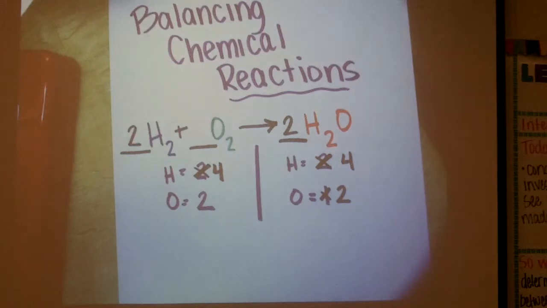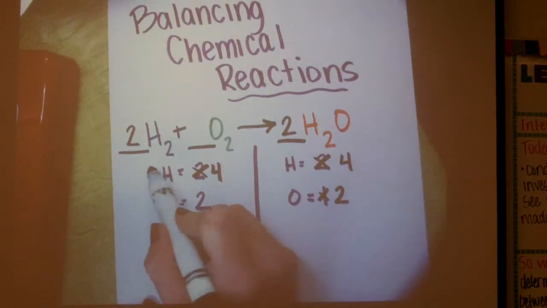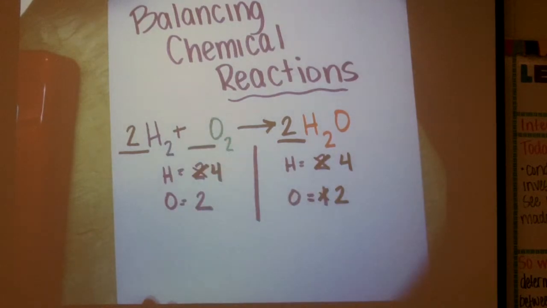So we need to check everything, make sure it's balanced. 4 hydrogen, 2 oxygen, 2 oxygen. This equation is now balanced. Remember, the law of conservation of mass states that mass cannot be created or destroyed. When we started our chemical reaction, we had hydrogen and oxygen.